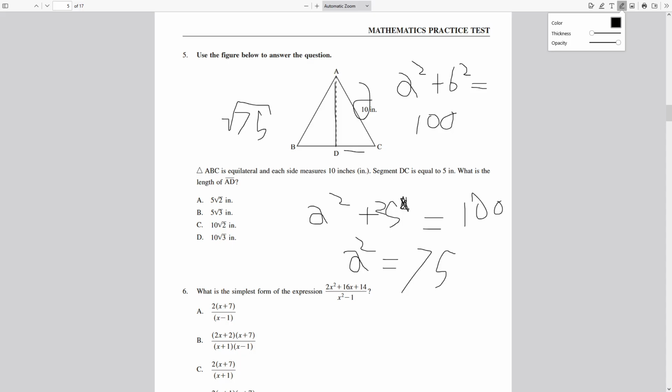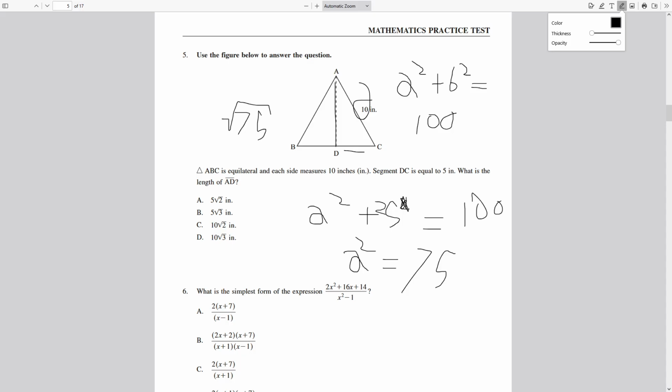How do I get 5 like that? Oh, am I just overcomplicating this?